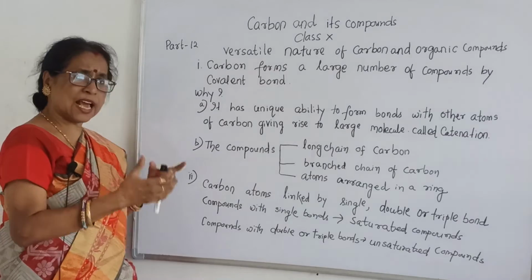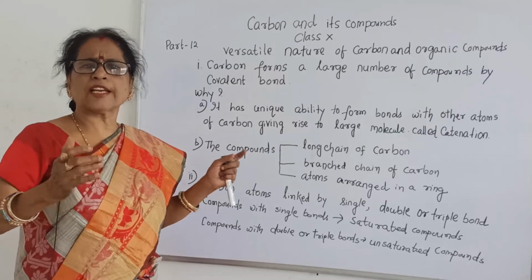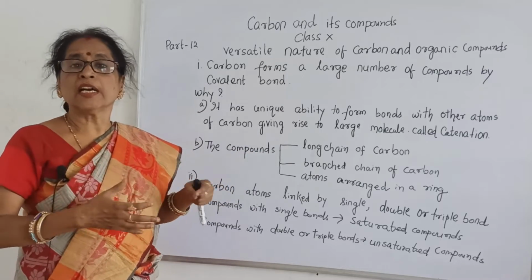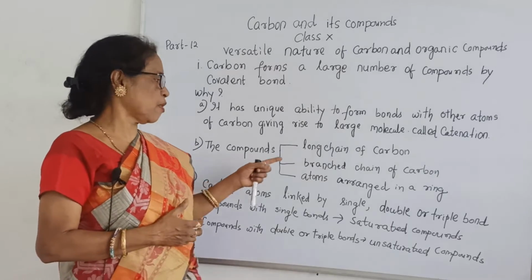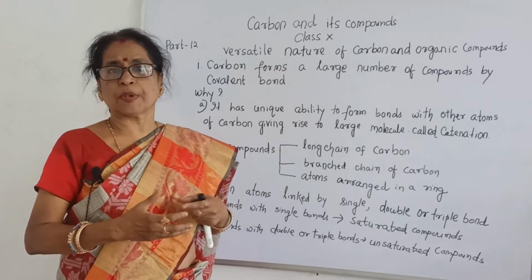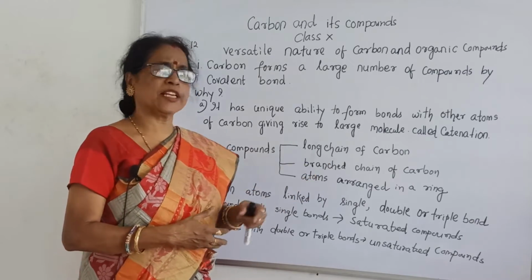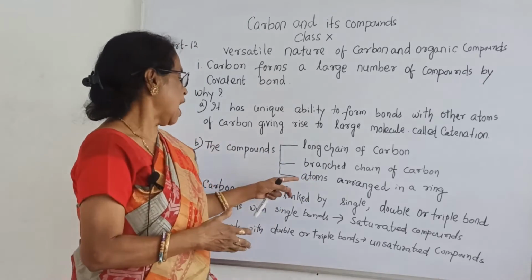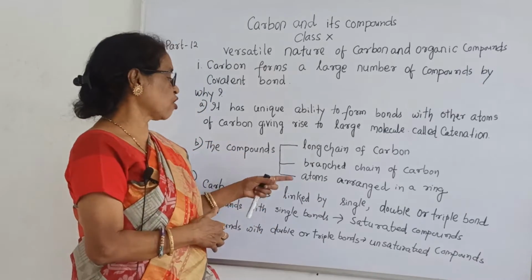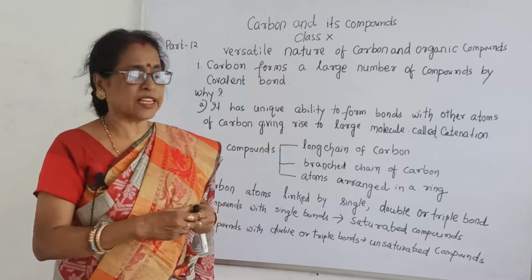Then, with the help of catenation, what is the result? The compounds form a long chain of carbon. A long chain may contain 10, 12 carbons. Sometimes you can observe branch chain carbon. Branch chain means isopentane, isobutane, where there is a branch. And atoms arranged in a ring, like cyclopentane, cyclohexane, and benzene, which is also arranged in a ring.